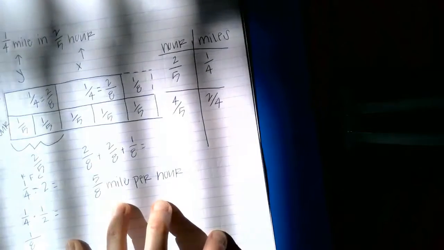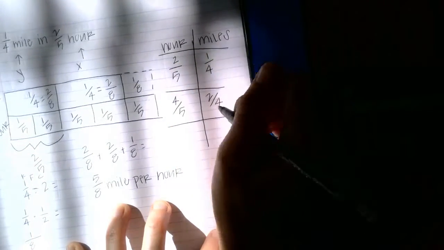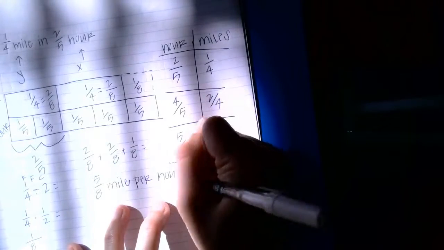Therefore, in 4/5, he can go 2/4 of a mile. And now I have to figure out 5/5 or 1. So before I figure this out, I need to figure out 1/5 of a mile.